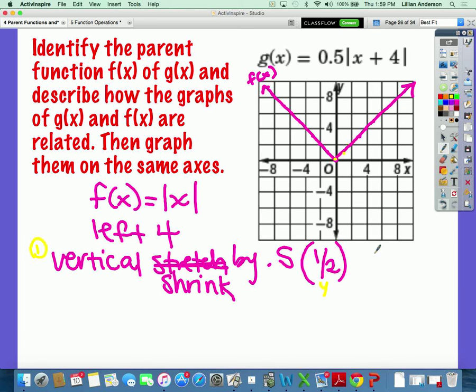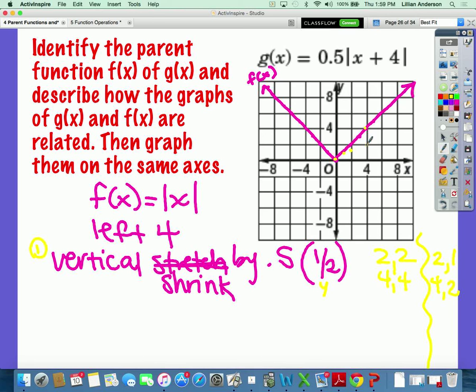Okay, here we go. 2, 2. I'm multiplying my Y's by half. So that's 2, 1, right? I'm sorry. Let's use this one that's actually on the graph. 4, 4. It's going to turn into what?